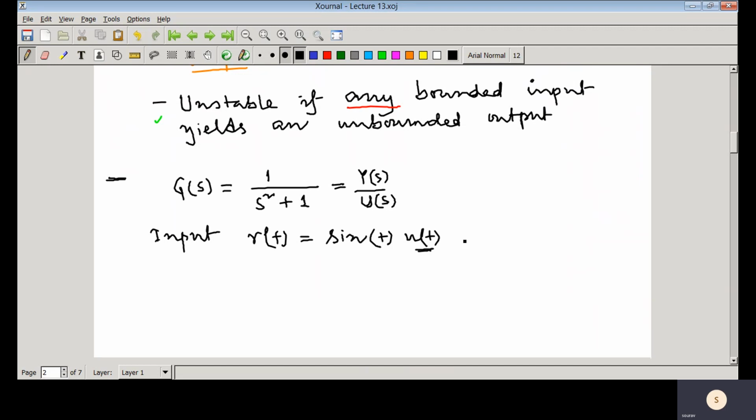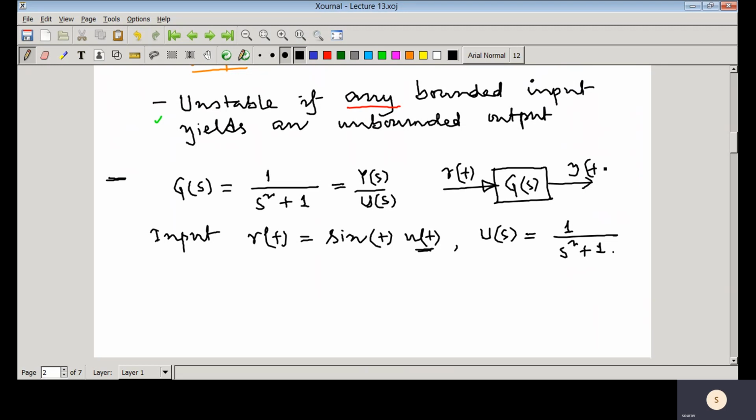So that means when t is less than 0, this r(t) signal is equal to 0. Now if you take the Laplace transform of that, then you have 1 by s square plus 1. So if you apply this particular input, that means you have the G(s) function and you have applied the input r(t), then what would be y(t)?